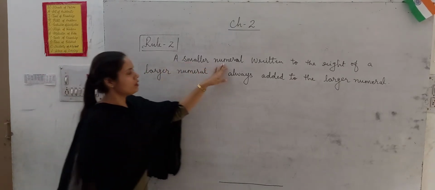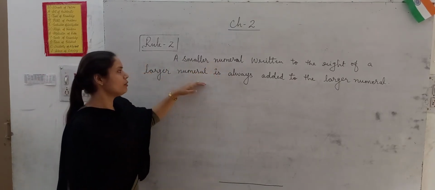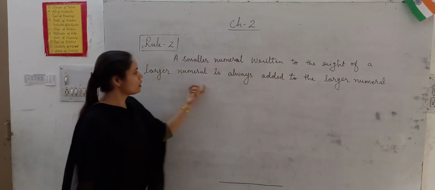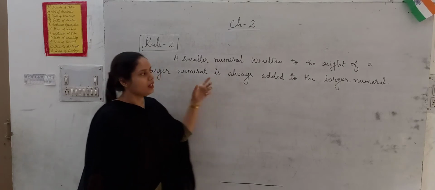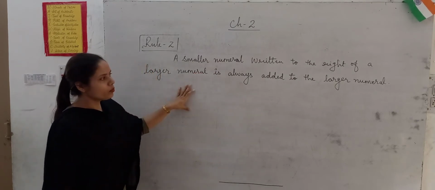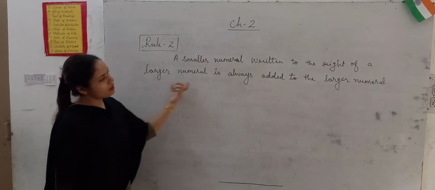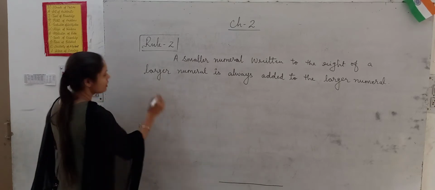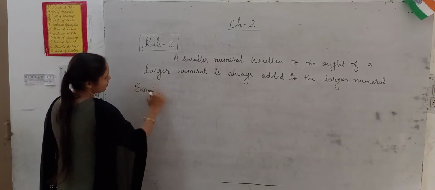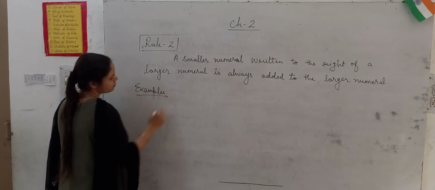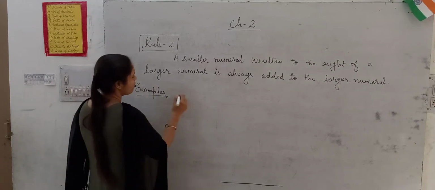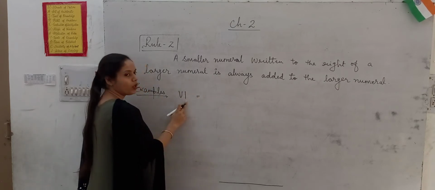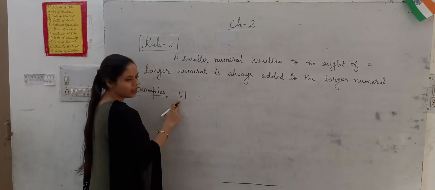A smaller numeral means any small number in Roman numerals written to the right of a larger numeral is always added to the larger numeral. If we write any small numeral to the right, we will add it, as the examples show. Like V and I: I is a smaller numeral and V is a larger numeral.